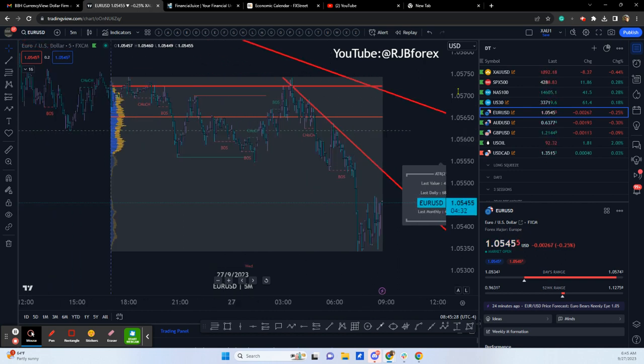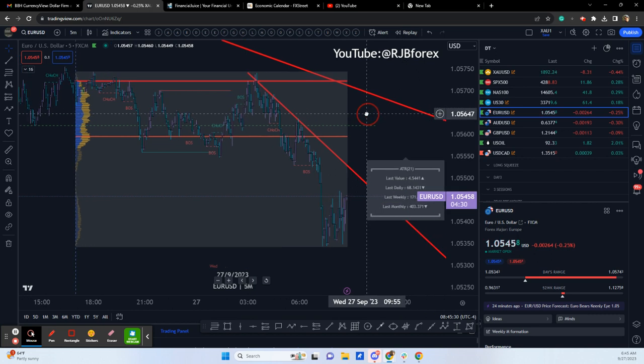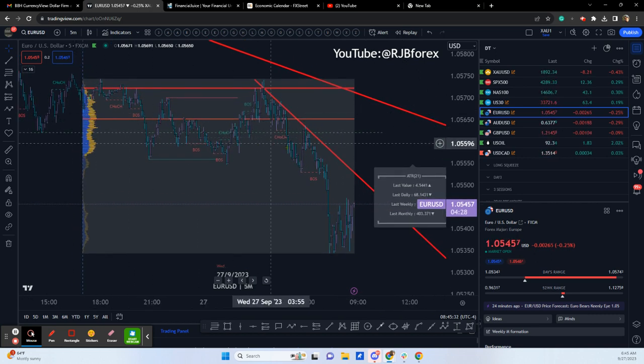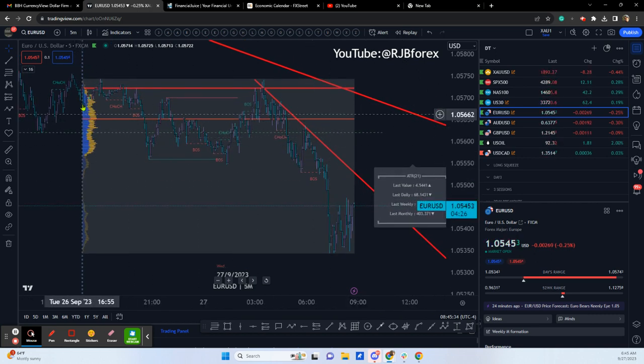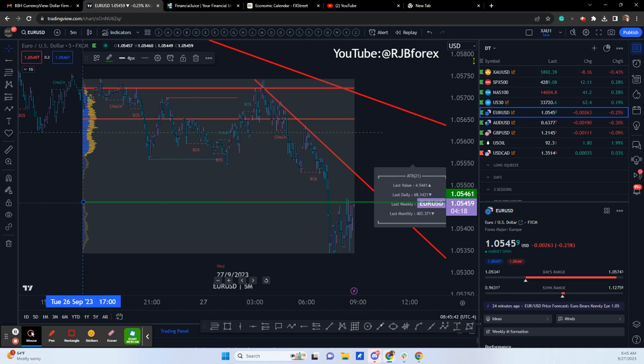I'm just paused there at the thought. We've got this volume profile over here. We can use that as a guide, potential resistance. If it breaks that, we've got a fast move up to test the breakout area over here where it broke out.